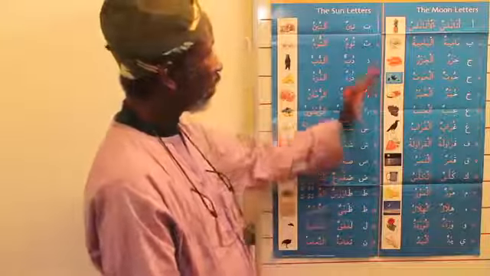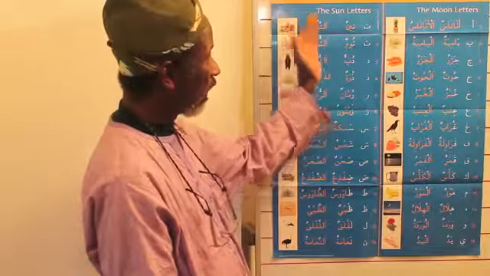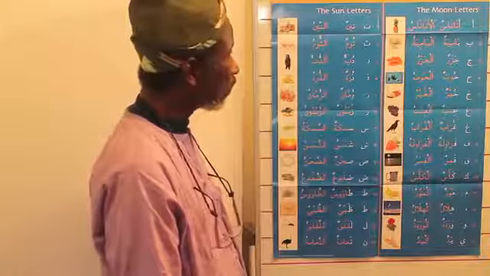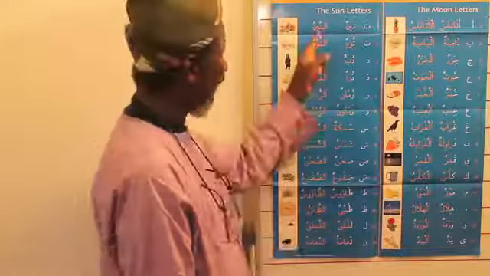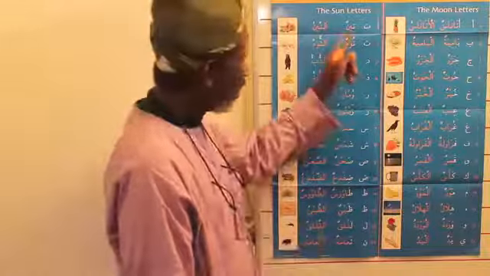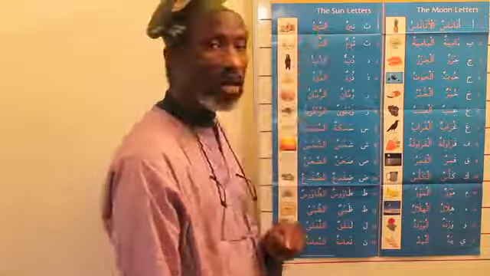Now let's go to the other side of this poster, the sun letters. Again, there are 14 of them. Tinun, that's a fig. Atinun. Here this time, lam becomes silent. It's been suppressed. You cannot hear the sound, but it's there.